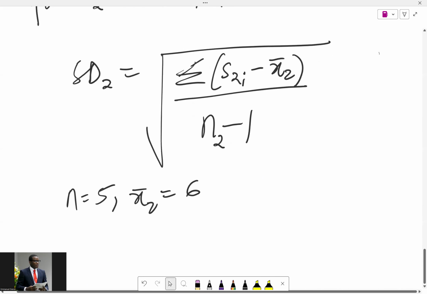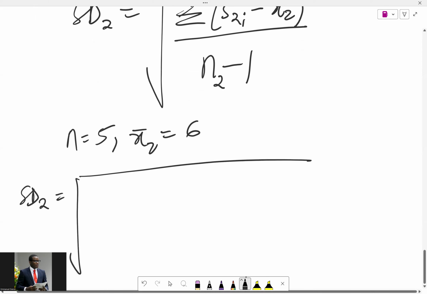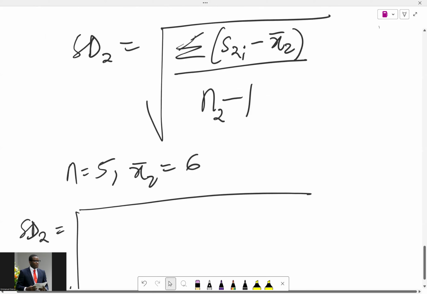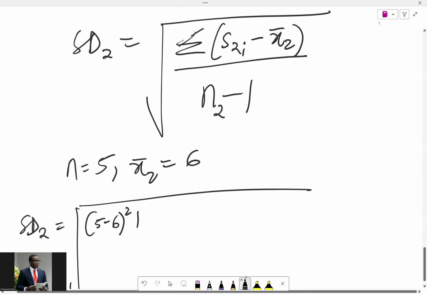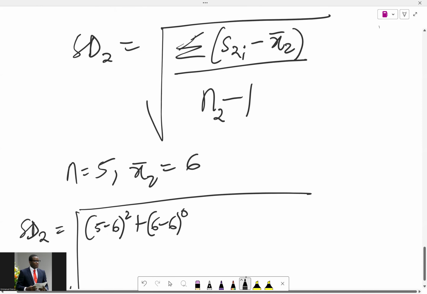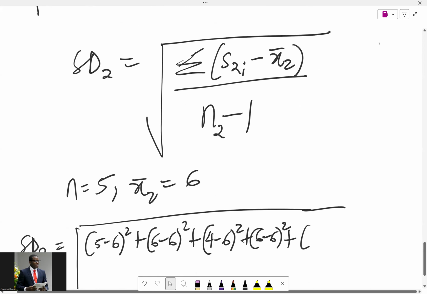Okay, so with this, we can go on. We can now have SD2 equals the square root of, for the 5 numbers, 5 minus 6 squared plus 6 minus 6 squared, that looks lovely, 6 minus 6 squared is already 0, then 4 minus 6 squared plus 6 minus 6 squared again, plus 9 minus 6 squared.